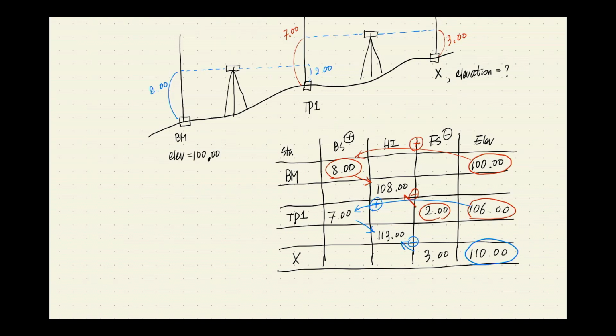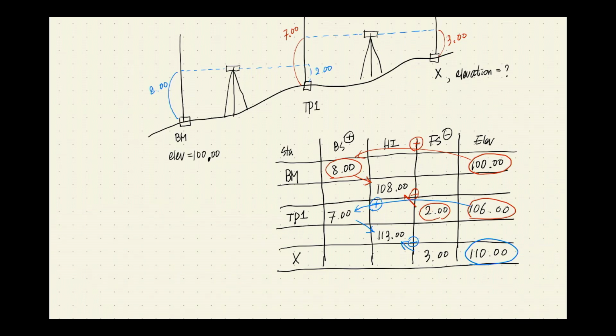And after we are adding a station, we can add a setup, right? And always the first setup is going to be looking back and looking forward, those two setups. So we start with the benchmark. We start in our first setup. Then we can add a backsight.